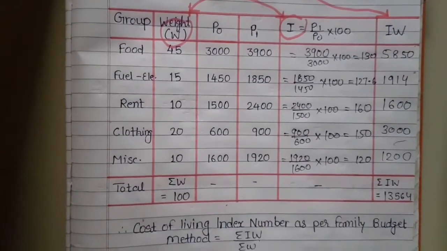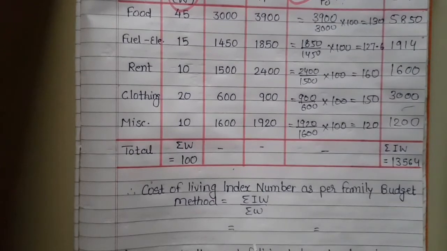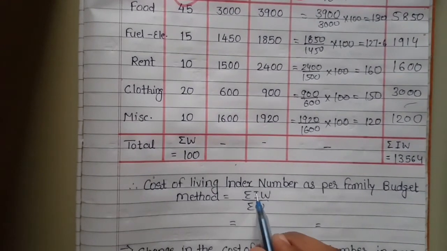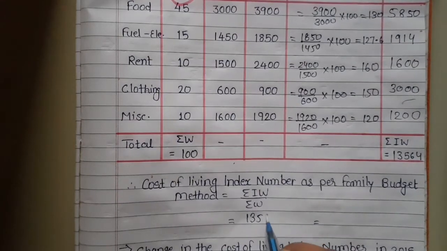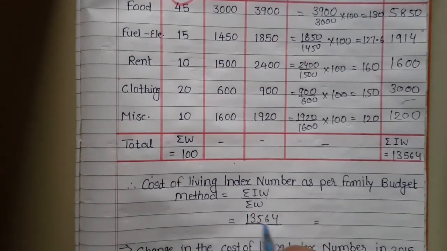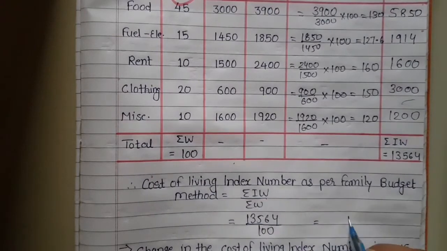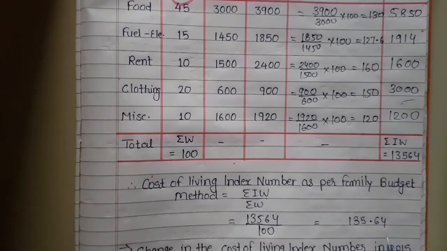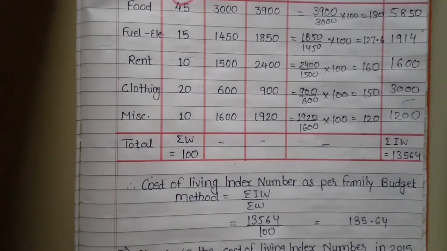The first question is cost of living index number as per family budget method. So we just have to put the value of sigma IW, which is 13,564, upon sigma W, which is 100. So we will get 135.64. So the cost of living index number as per family budget method is 135.64.